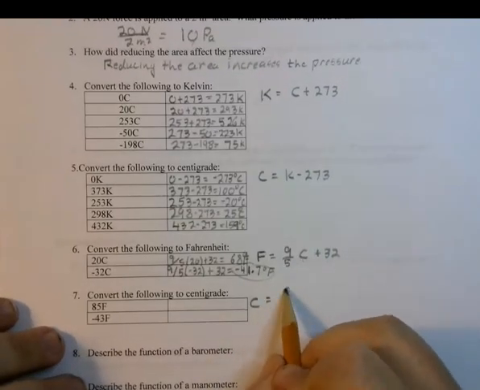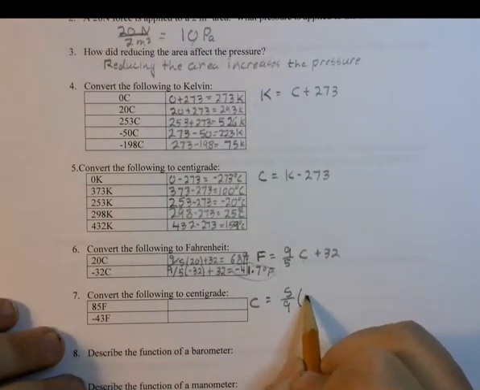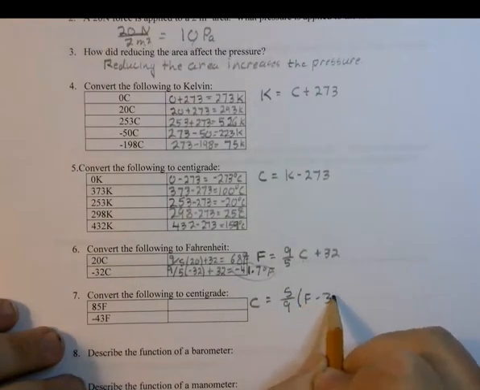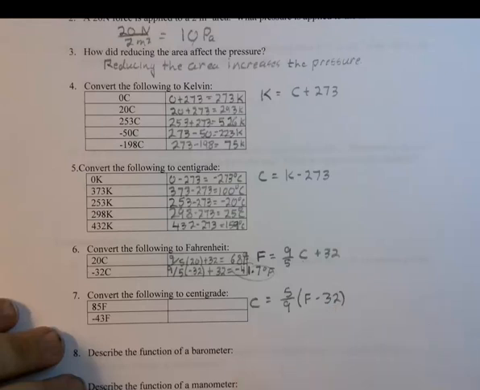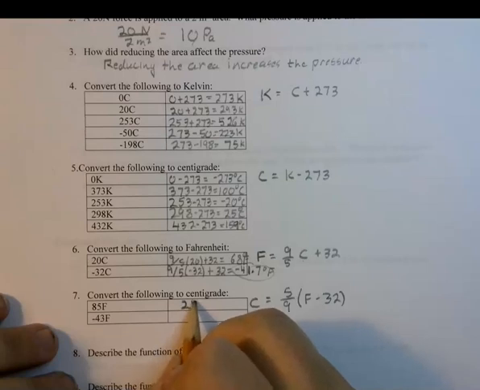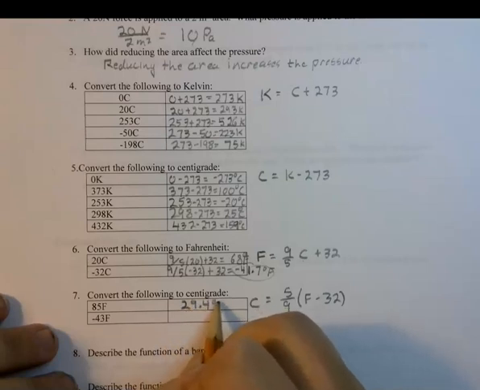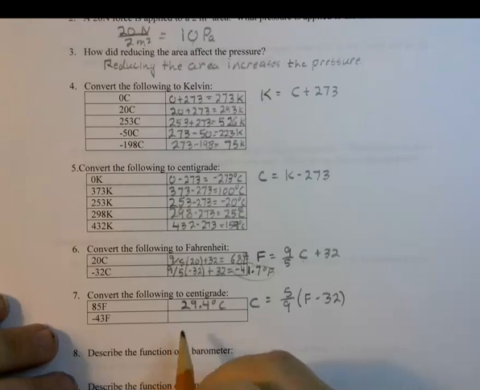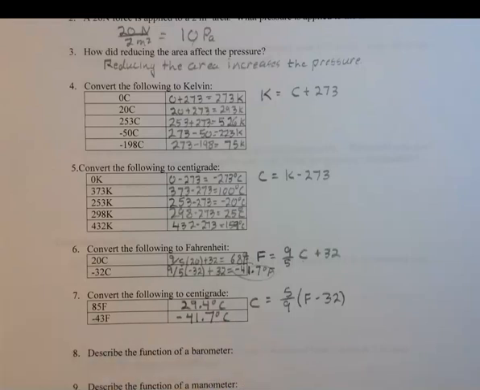It's going to be 5/9, then a parenthesis, Fahrenheit minus 32. Okay, and if you run that number, for 85 degrees Fahrenheit, you'll get 29.4 degrees centigrade. And for negative 43, you'll get negative 41.7 degrees centigrade.